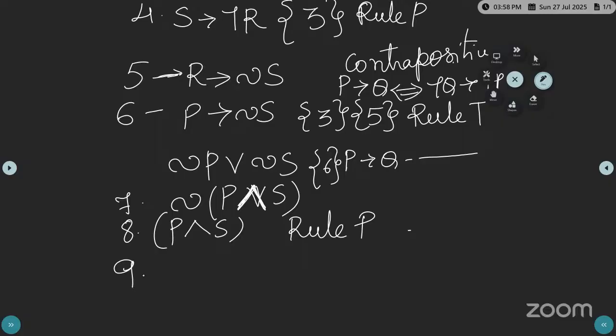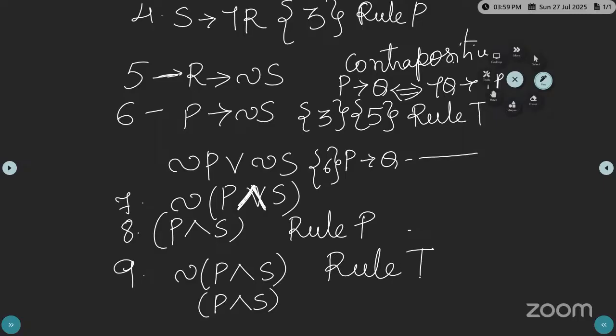Now what should I do? You already have the answer here. I am having here negation of P and S. Again I have P and S. This is 9. According to rule T, existing rule.